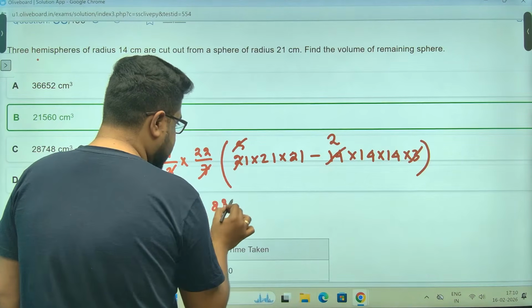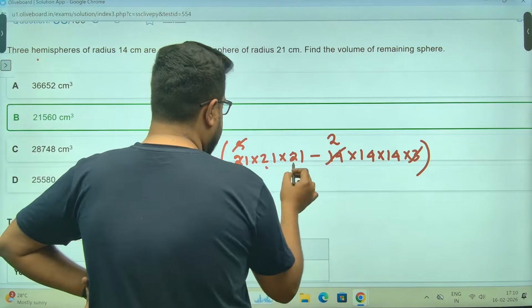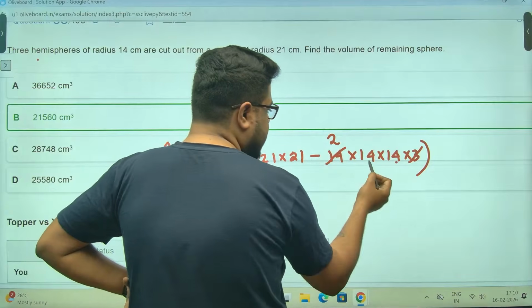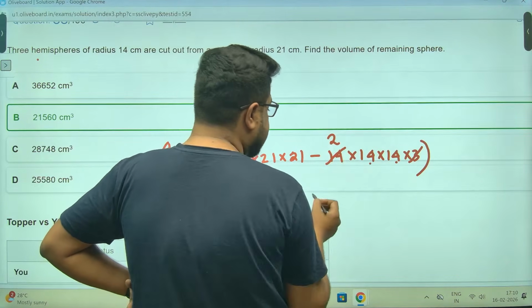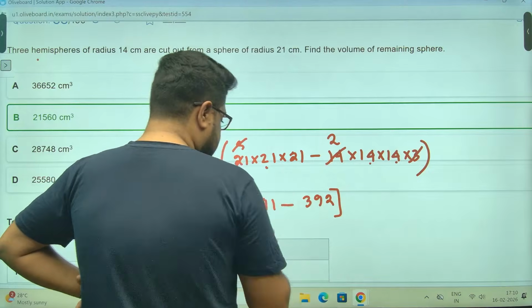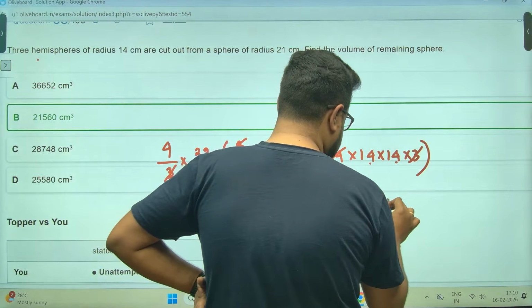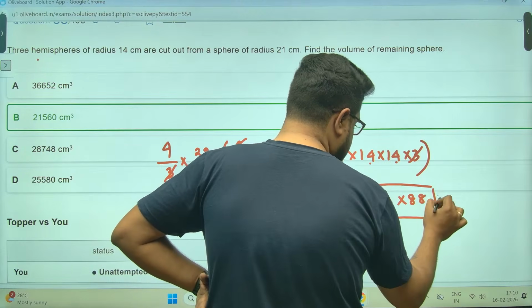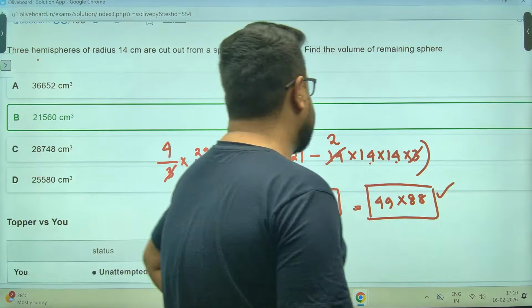So this was 88 into 21 and 21, 441, minus 14 into 14, 196, double, that is 392, sir. 441 and 8, 49 into 88. Still, I'm getting this as the answer.